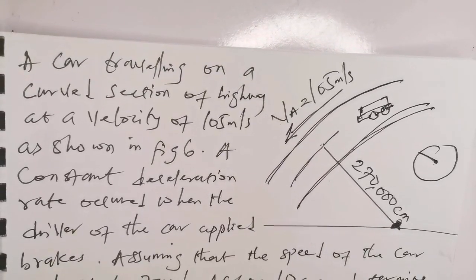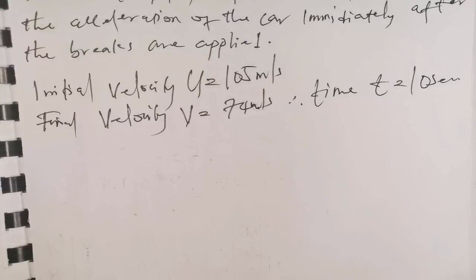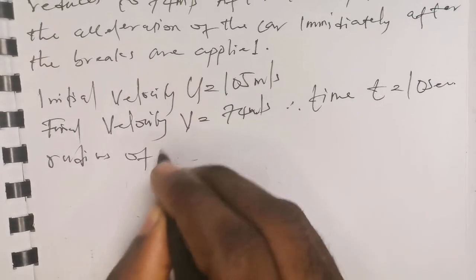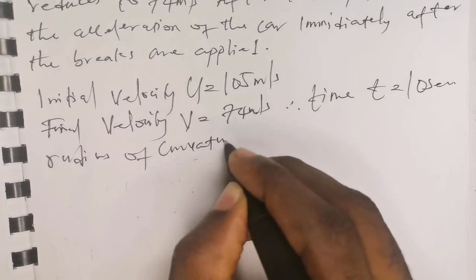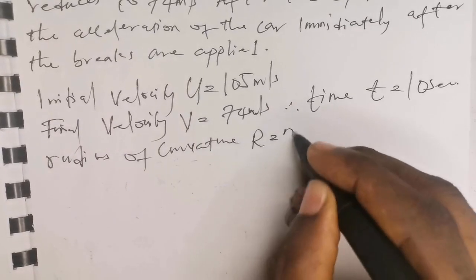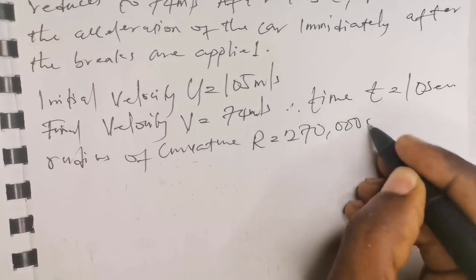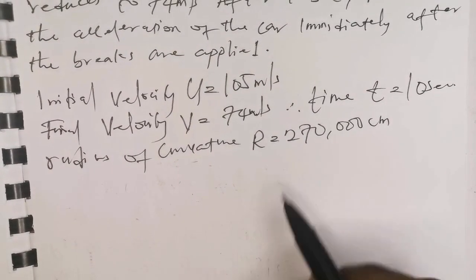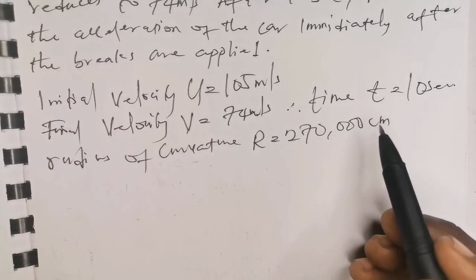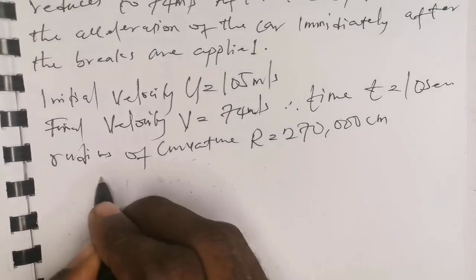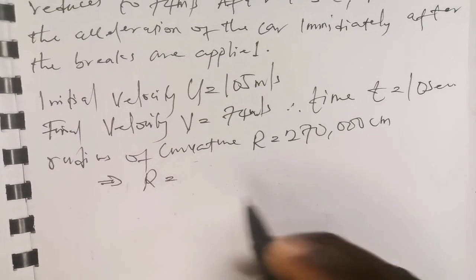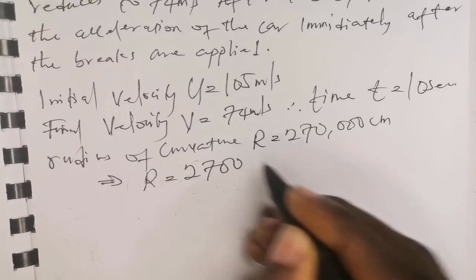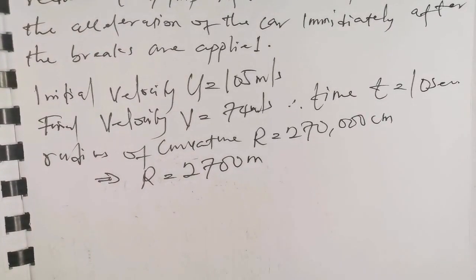So the radius of curvature R was given as 270,000 centimeters. Of course, we convert this to meters simply by dividing 270,000 by 100. So this implies that our radius of curvature becomes 270,000 divided by 100, which gives us 2,700 meters. So this is our parameter.